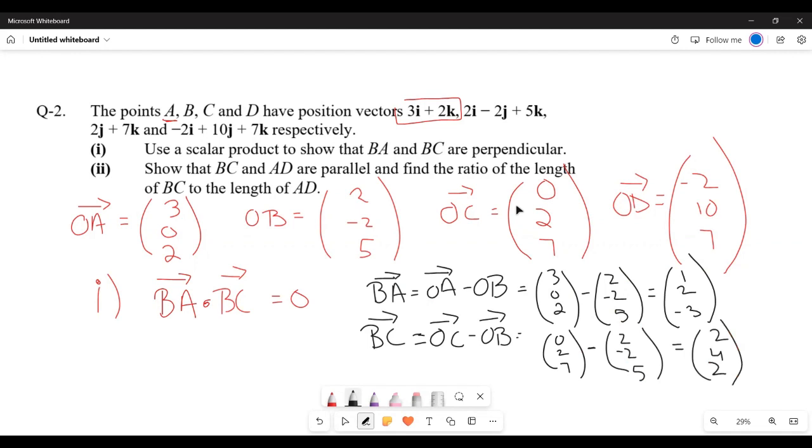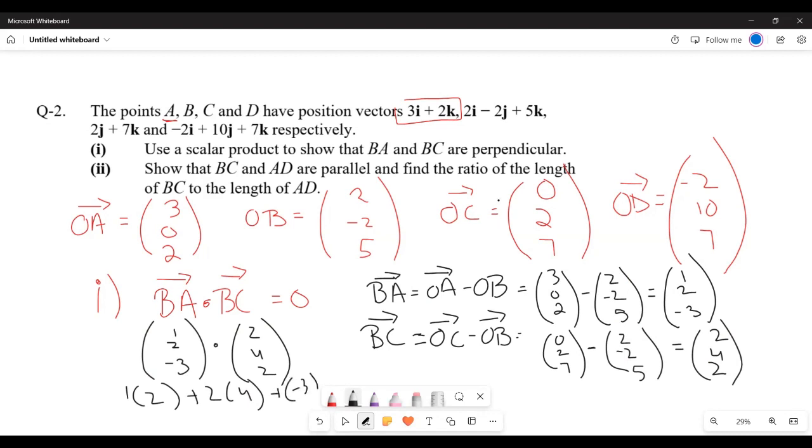So you have to show that the dot product of these two would be 0.